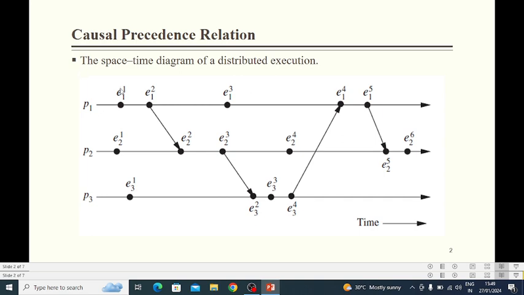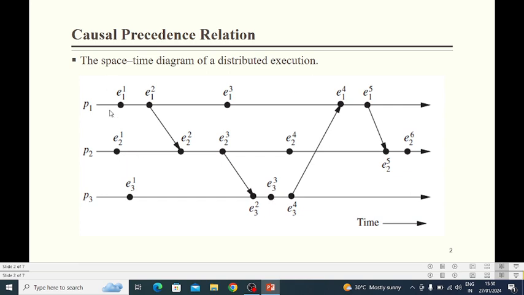Is there any path between the first event of the first process and the third event of the third process? Let's check. We have a line segment from E11 to E12, and a message arrow between E12 and E22. Then between E22 and E32, we have a process line segment in increasing time, and then from E32 to E23, we have a message arrow, and from here to E33, we have a process line segment in increasing time order.